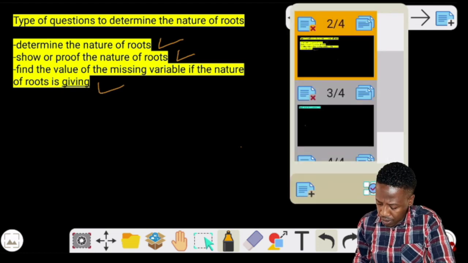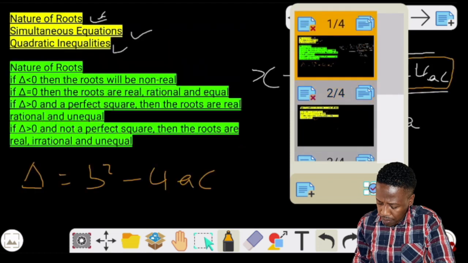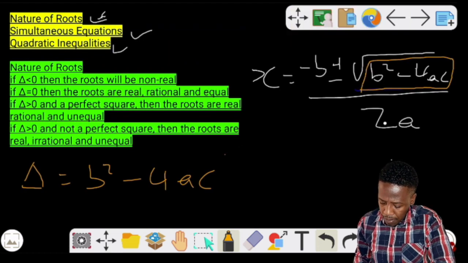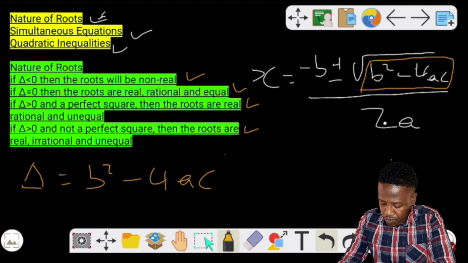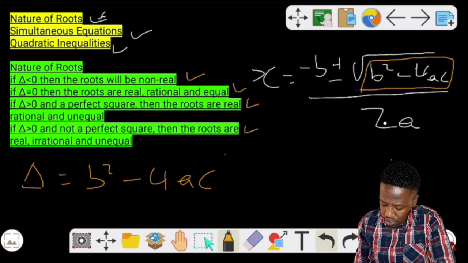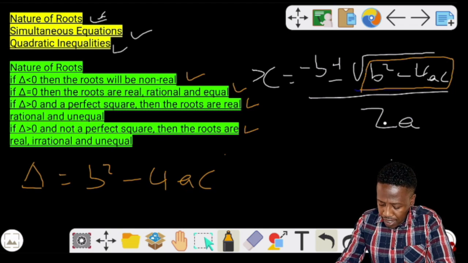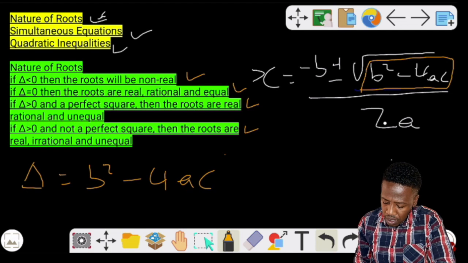Now going back to our nature of roots, remember, let's say you have these conditions for your discriminant. Let's say your discriminant is less than 0, then your roots will be non-real.